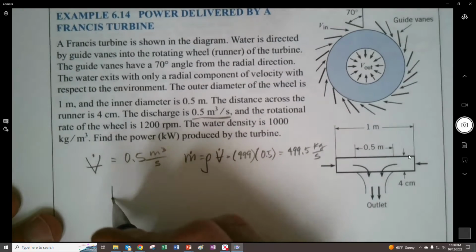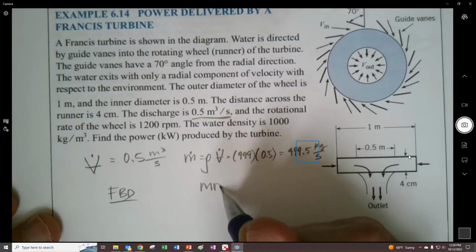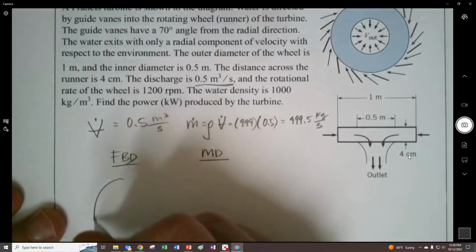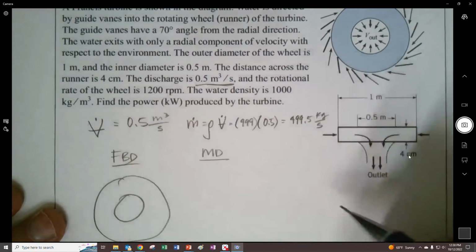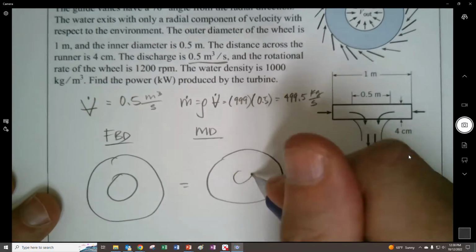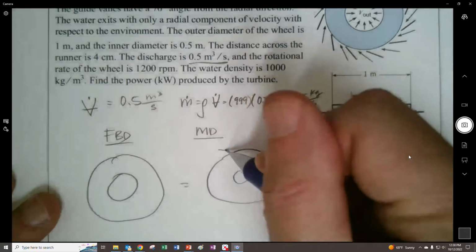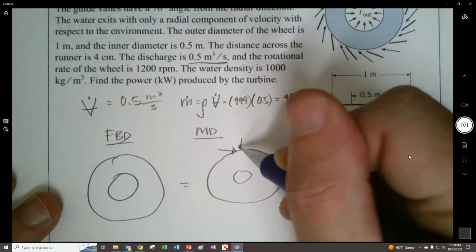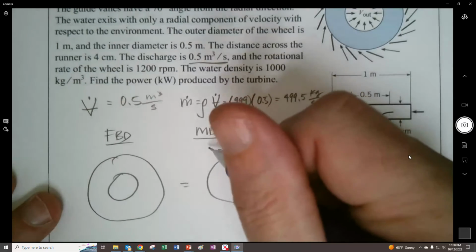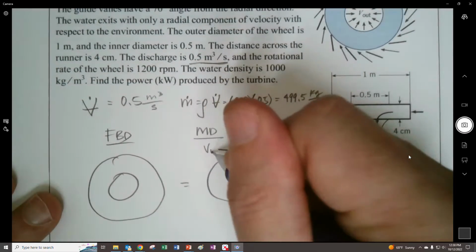And I'll go ahead and do my FBD. I didn't do that in the previous examples, but I kind of like it. Here's our little FBD, and here's our flow FBD. And so now we're going to have a velocity coming in that way and a velocity coming in here. Here's the radial one, and here's the tangential one, right?